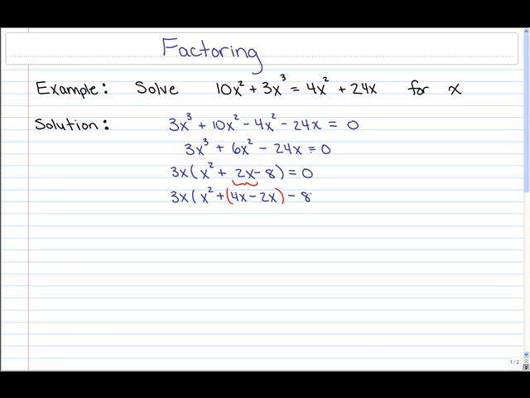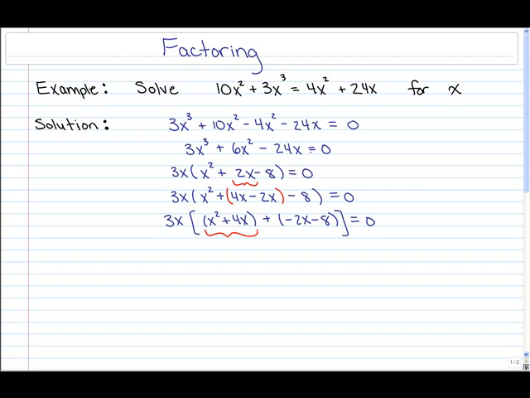We're going to subtract the 8 still and keep this equal to 0. Now what we're going to do is gather these two terms and gather these two terms. So in the next line we have 3x multiplied by x squared plus 4x plus -2x minus 8.